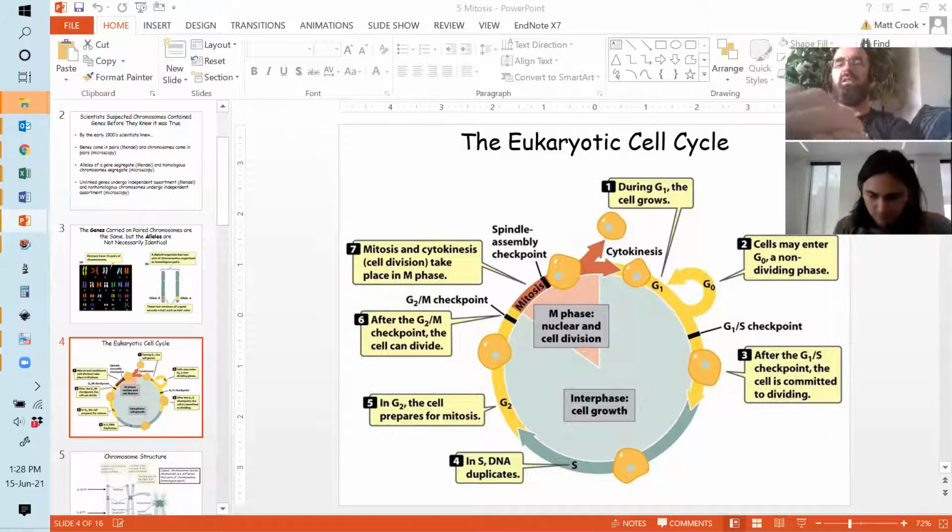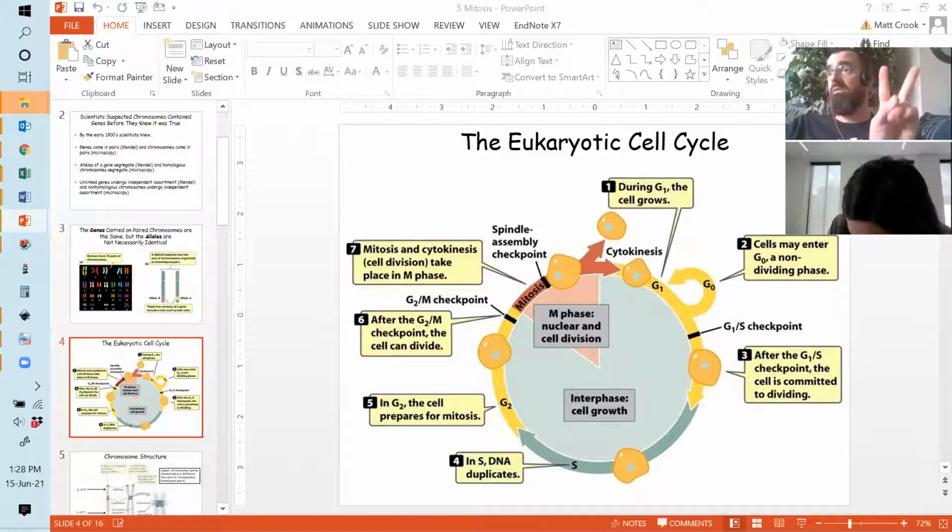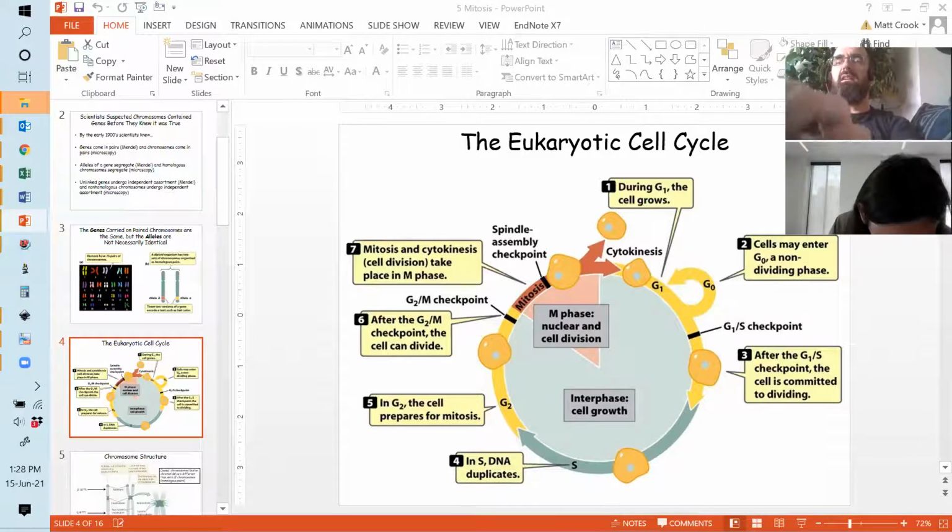And so what that does is it checks to make sure every chromosome pair is aligned on the spindle. Because we have two chromosomes for each chromosome 1, 2, 3, whatever, because we're diploid, right?